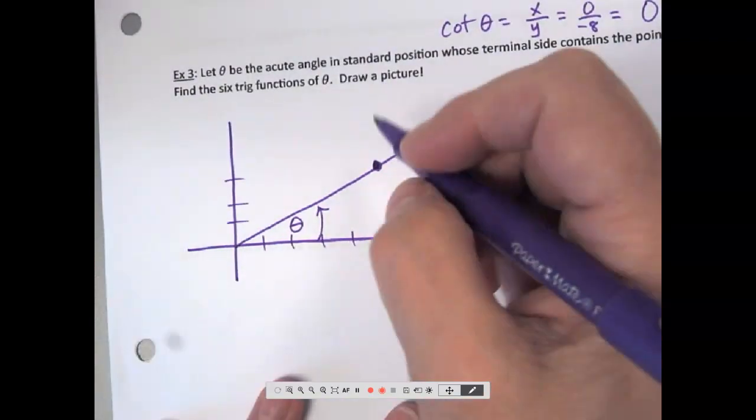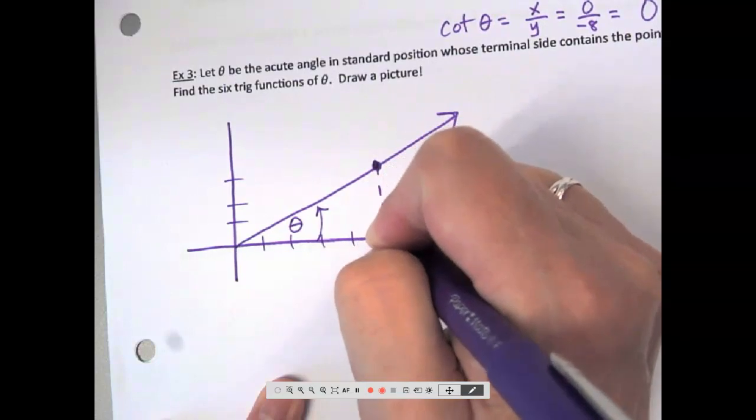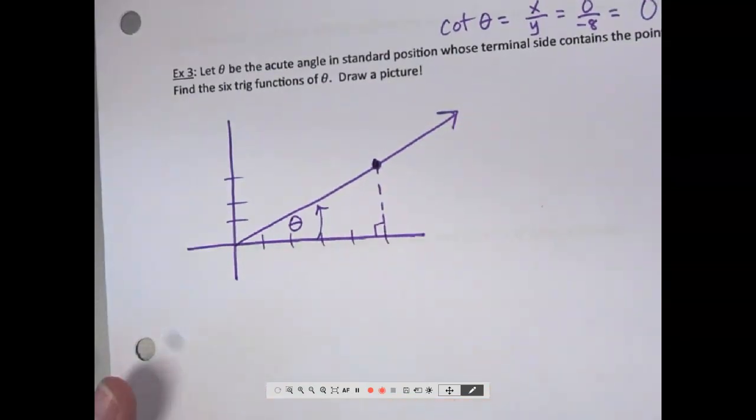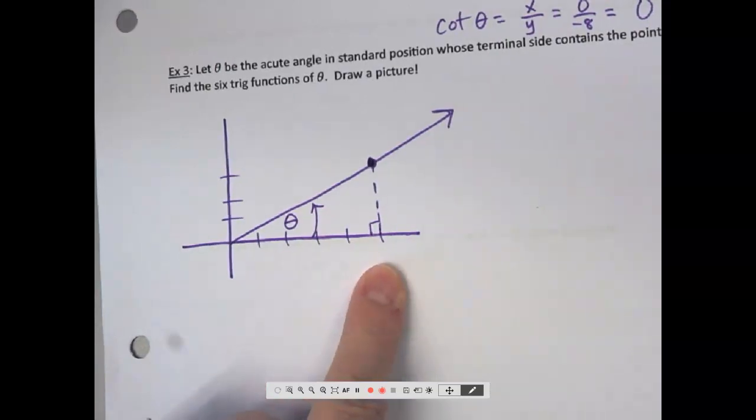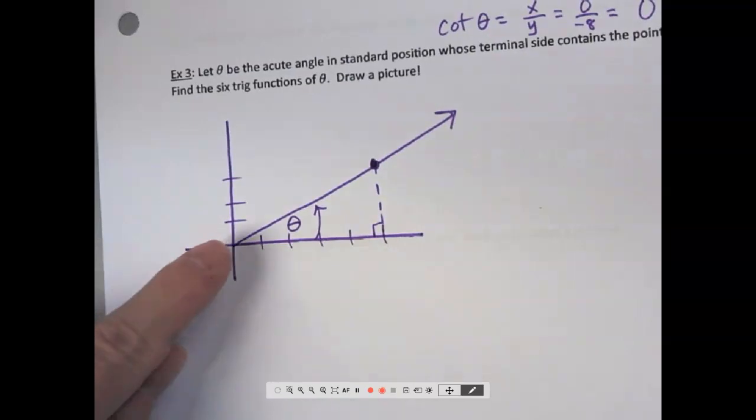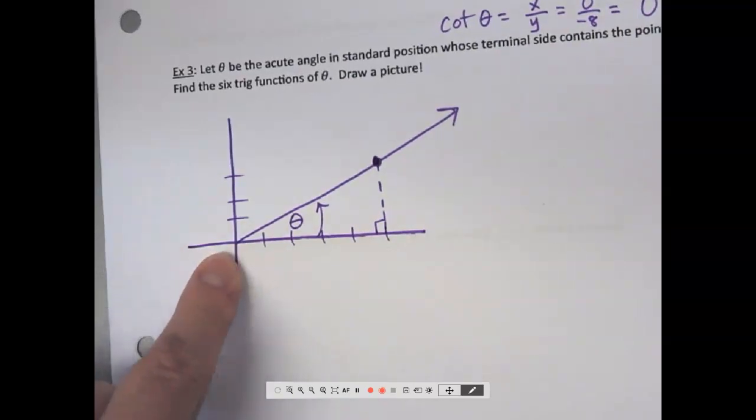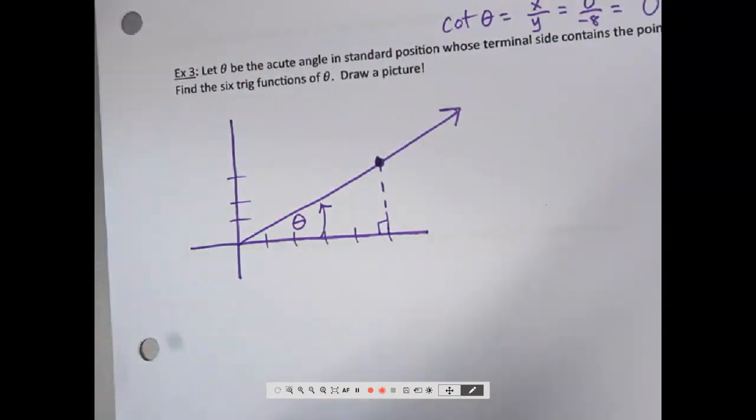Now, I am going to draw a right triangle from that. Y'all listen to me. Every single time the perpendicular goes to the x-axis. Every single time theta is over there by the origin, where you're rotating.